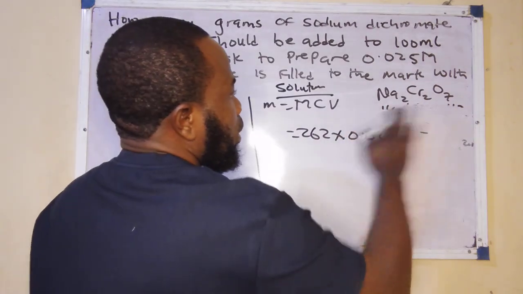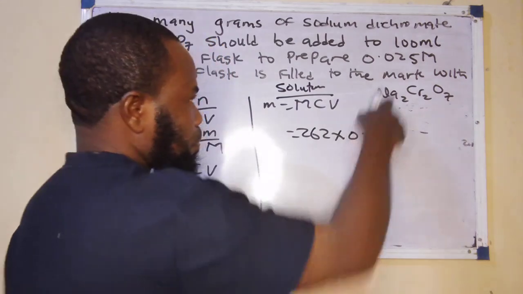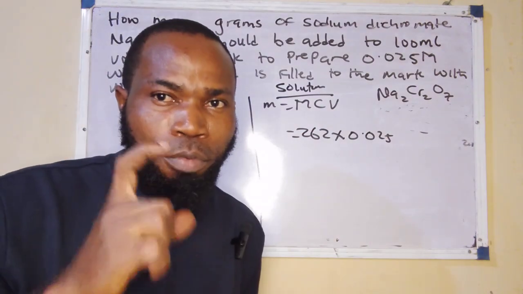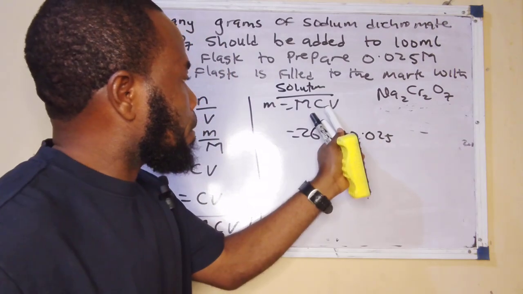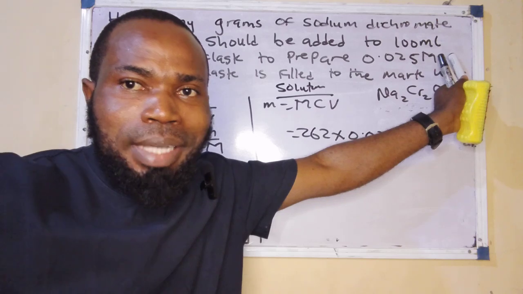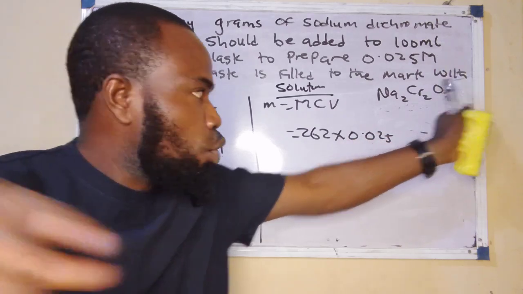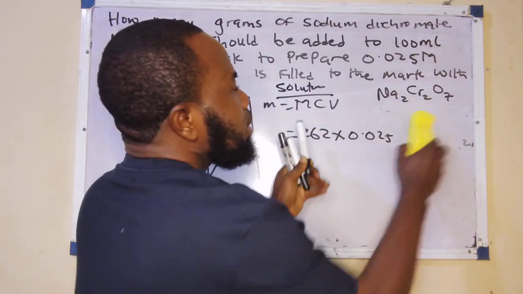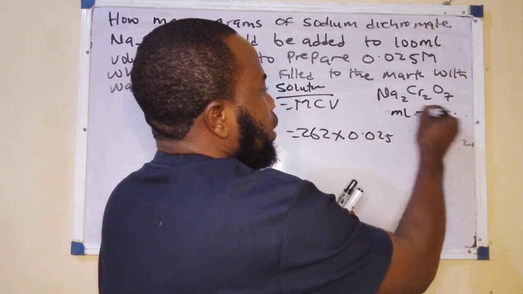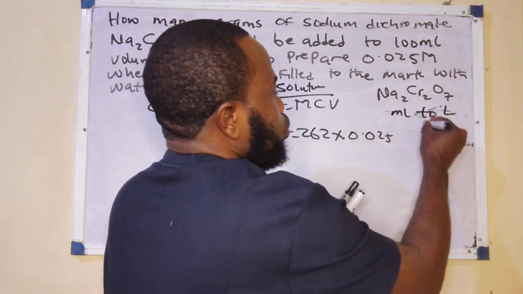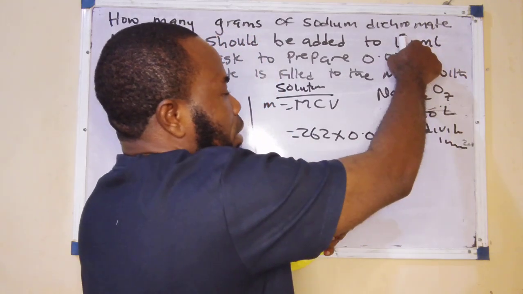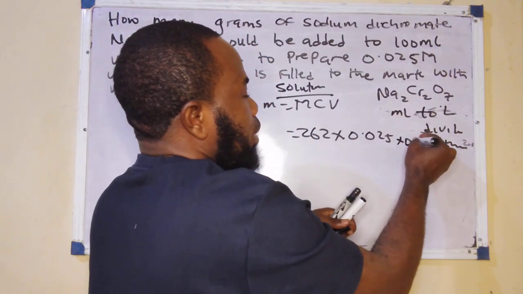0.025 times, remember, in using the volume here, you are not going to use it in form of mL. Remember, you have to convert the mL to liters. Your volume ought to be in liters or in dm cube. So in converting mL to liters, you divide by 1000. If you divide this value by 1000, you're going to have 0.1.